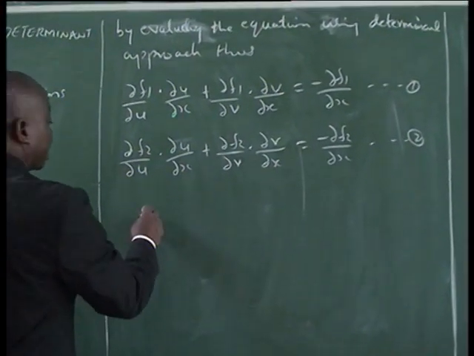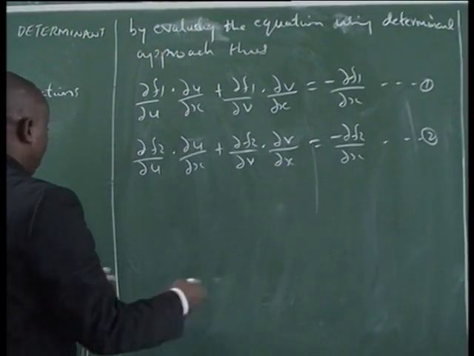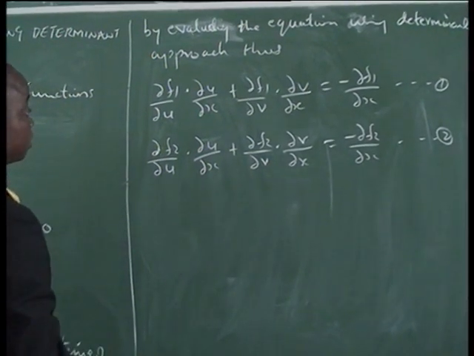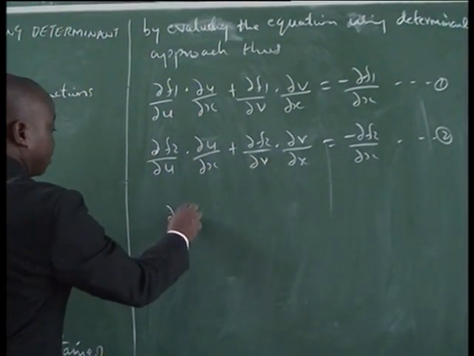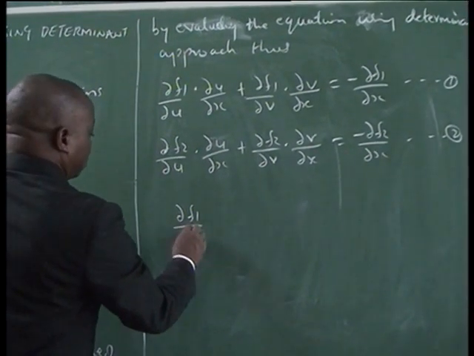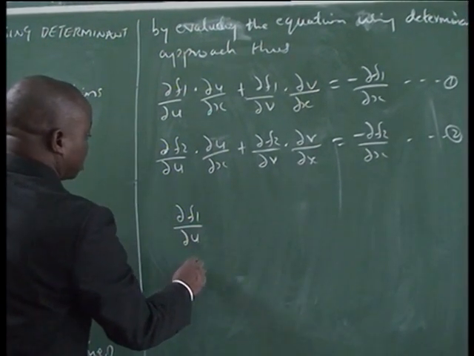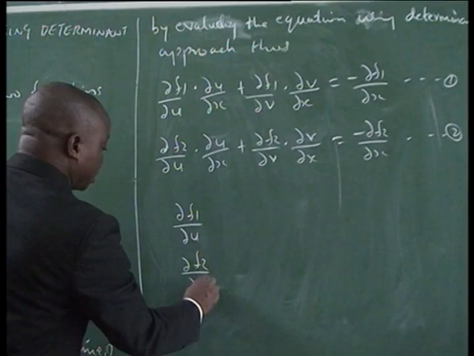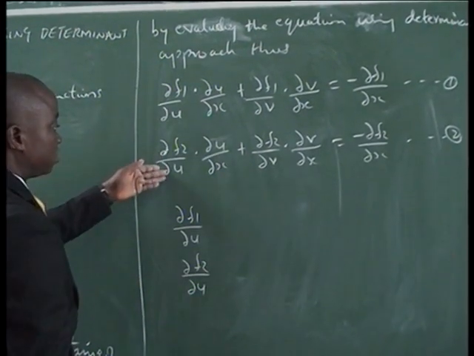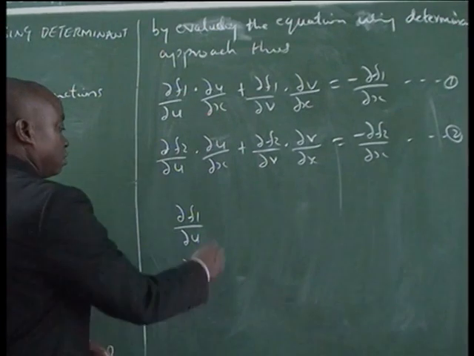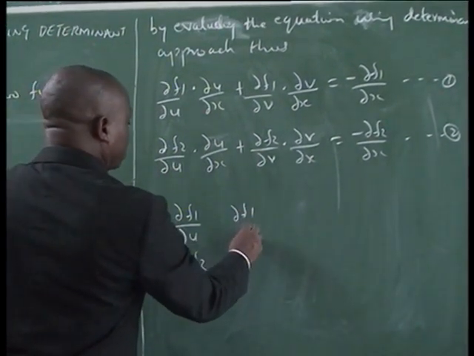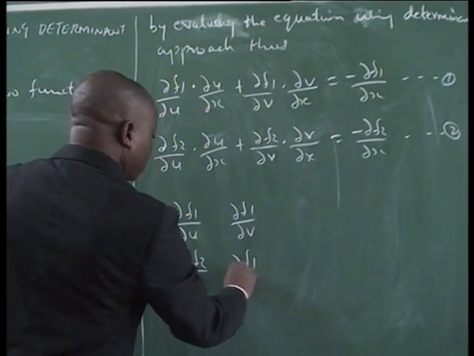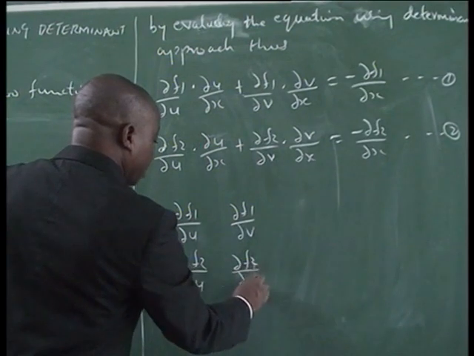In matrix form first, we can write it as partial f1 partial u, partial f2 partial u, partial f1 partial v, partial f2 partial v.